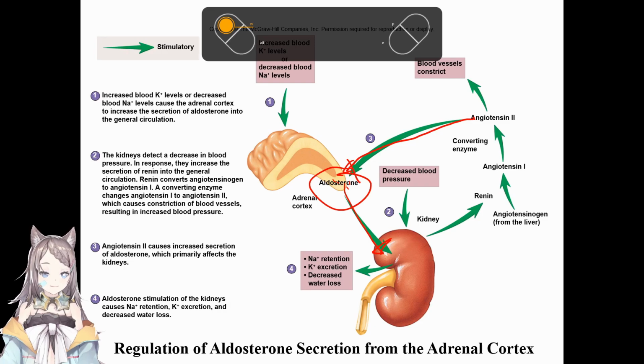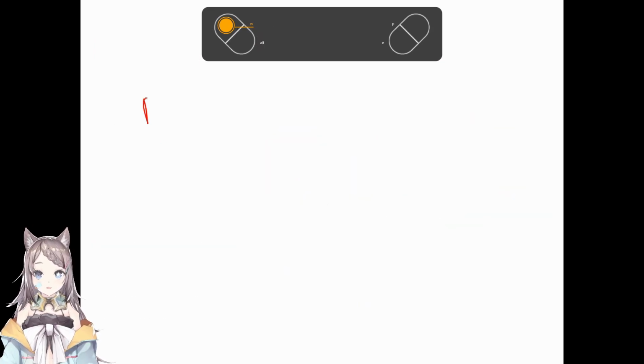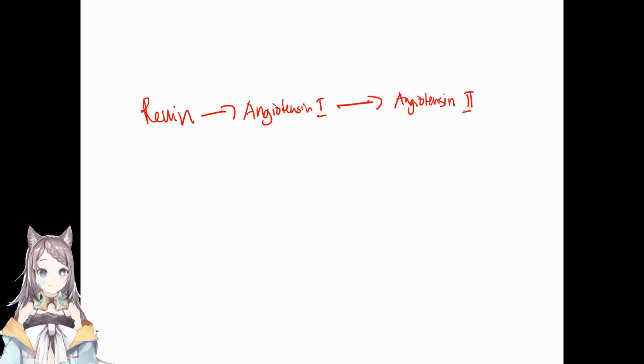So renin will cause the release of angiotensin 1. Angiotensin 1 needs to be converted to angiotensin 2. Angiotensin 2 will make aldosterone appear.